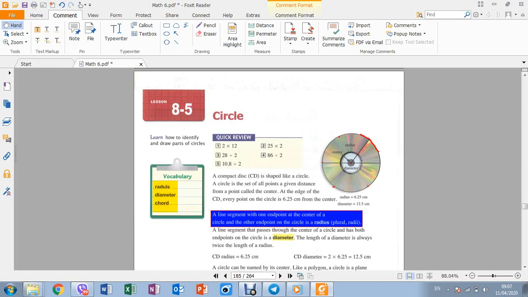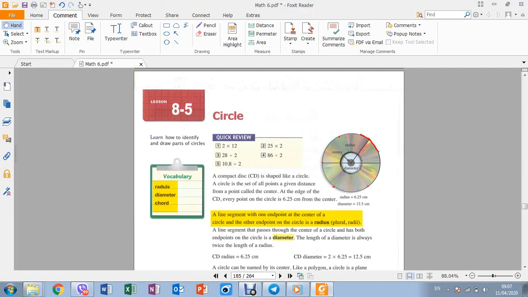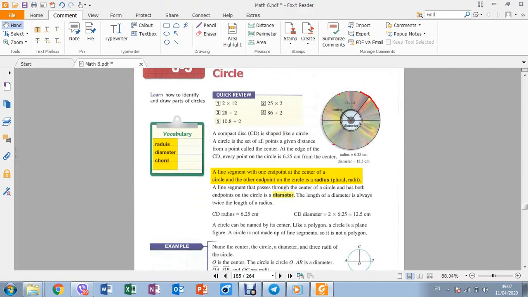Okay, for example, look at the radius. It has two endpoints. One endpoint is on the center point, and the other is on the edge. For example, this one, what is this called? Radius.